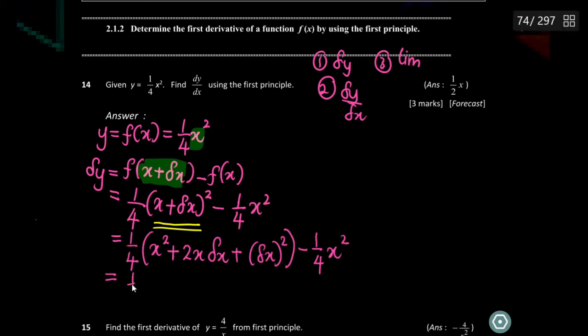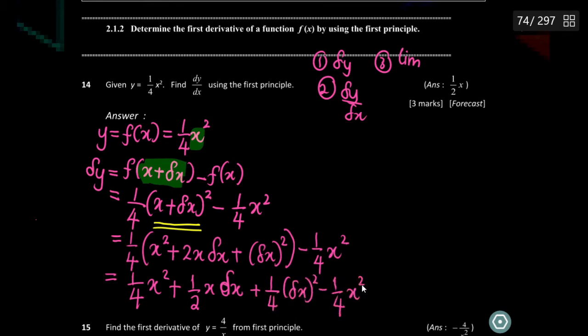Alright, so now we expand. So 1 over 4 x squared plus 1 over 2 x delta x plus 1 over 4 delta x squared minus 1 over 4 x squared. So when we minus all this right now, what's going to happen?